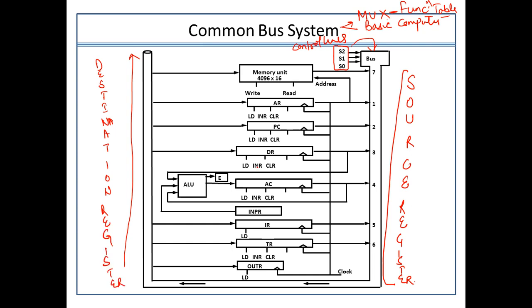Now let's understand how this entire circuit has been designed. Again, this common bus system is only representing the block diagram. We are not representing in a detailed manner how this entire thing is happening. So for the time being, it is only representing block diagrams. This is the bus and this is the common line.